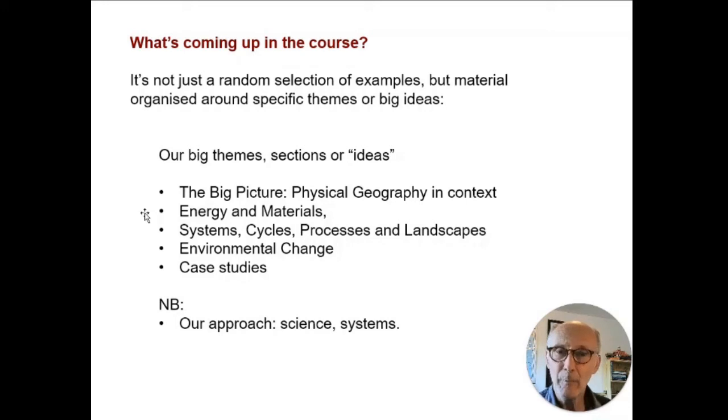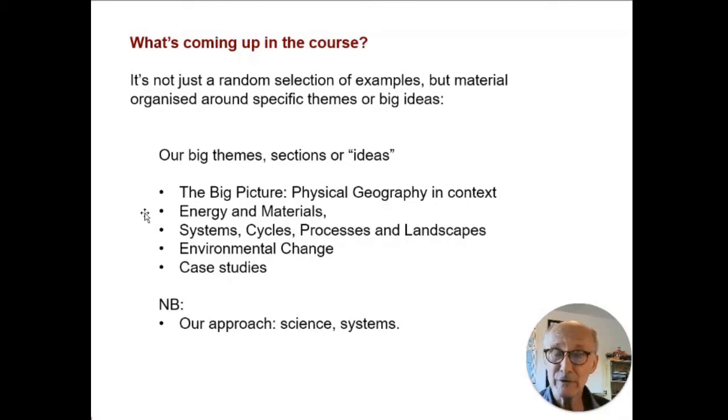All of that is operating within the current environment, but the current environment changes over time, and the nature of environmental change and the way that environmental change is affecting the systems, the cycles, the processes and the landscapes is right at the heart of modern day physical geography. So that's where we're heading with a lot of our ideas in this course, is to give you a good sound introduction to how environmental change is impacting the physical environment and physical geography.